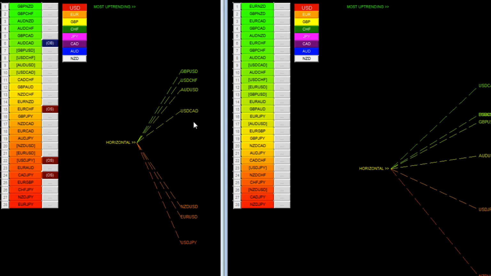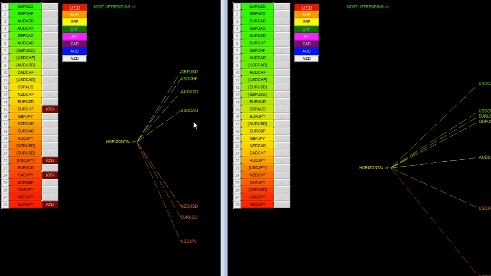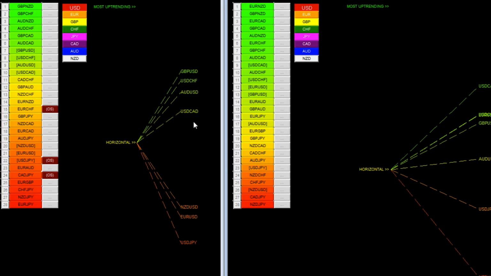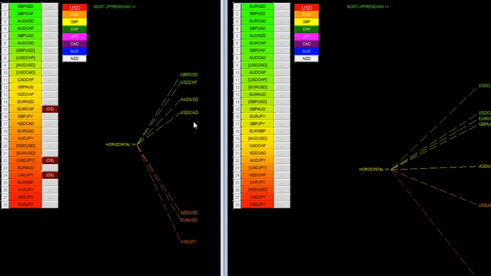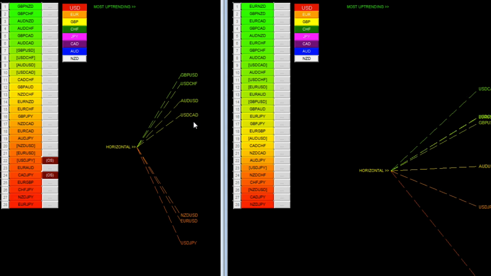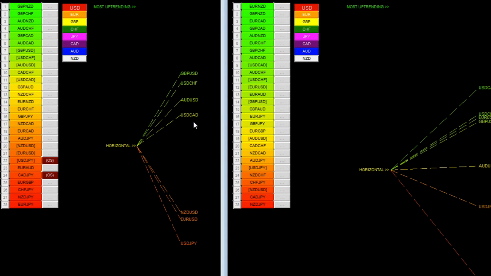This is what you're trying to do the whole time, because when you're looking across the complex in this way, you really want to see if you're trading a particular pair, and this is an issue for a lot of forex traders when they're trading one particular pair in isolation, are not aware of whether the sentiment for that pair is universal.